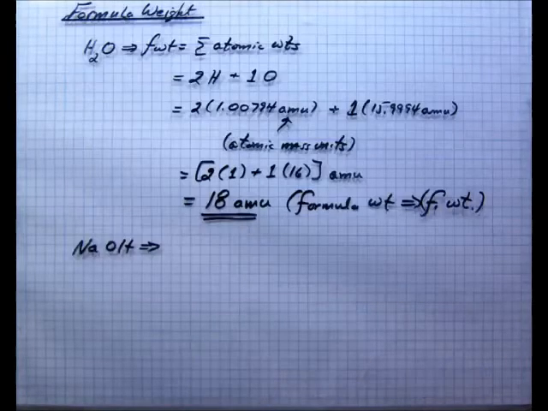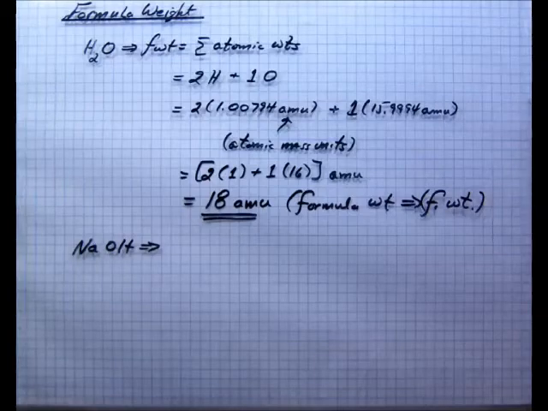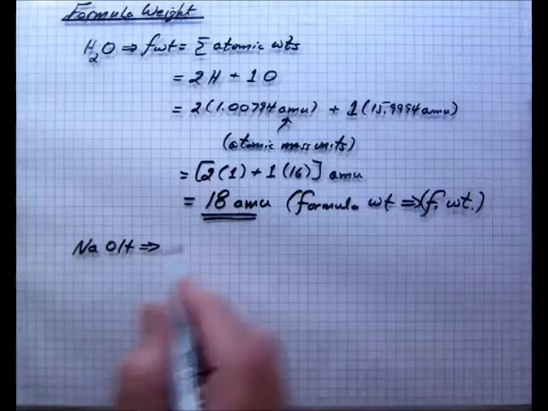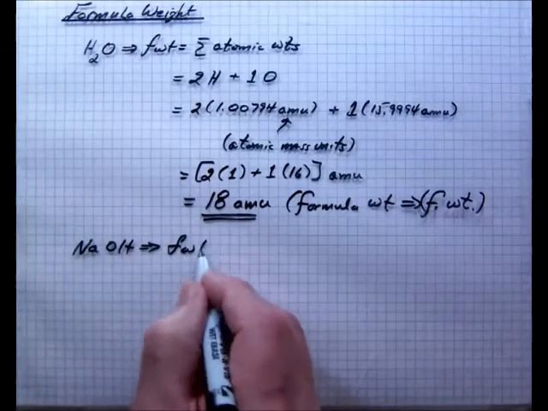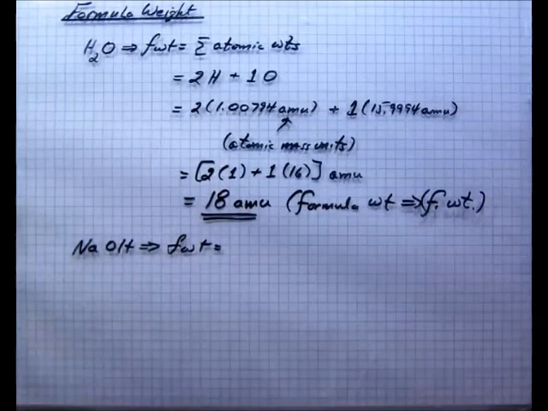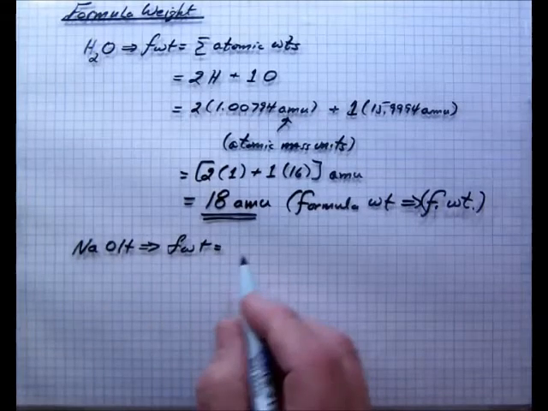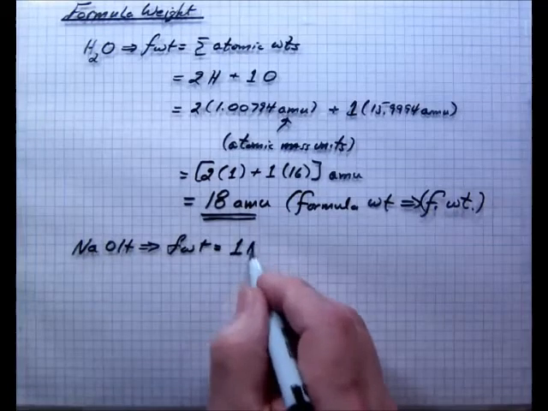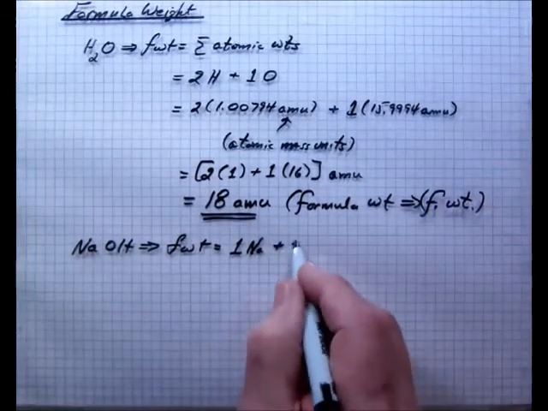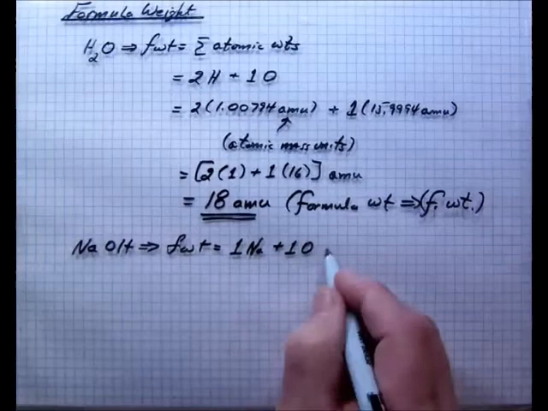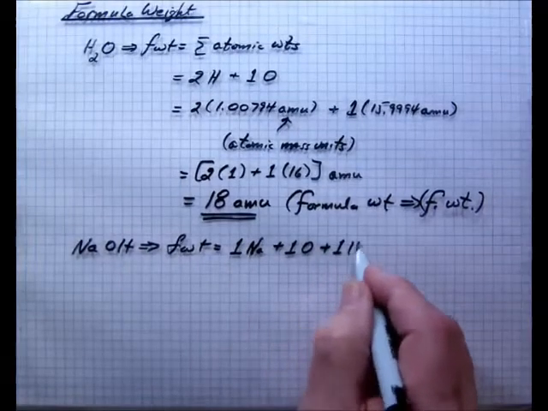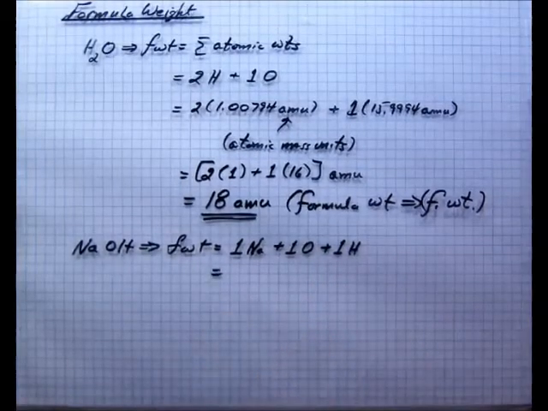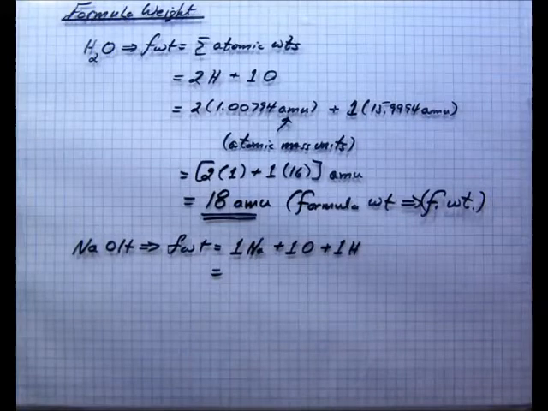Let's look at multiple elements in a compound like this. As you look at the formula, you see it has 3 elements, so its formula weight will be the sum of the atomic weights of 1 sodium plus 1 oxygen plus 1 hydrogen. And as indicated, I intend to round things off for expediency purposes.